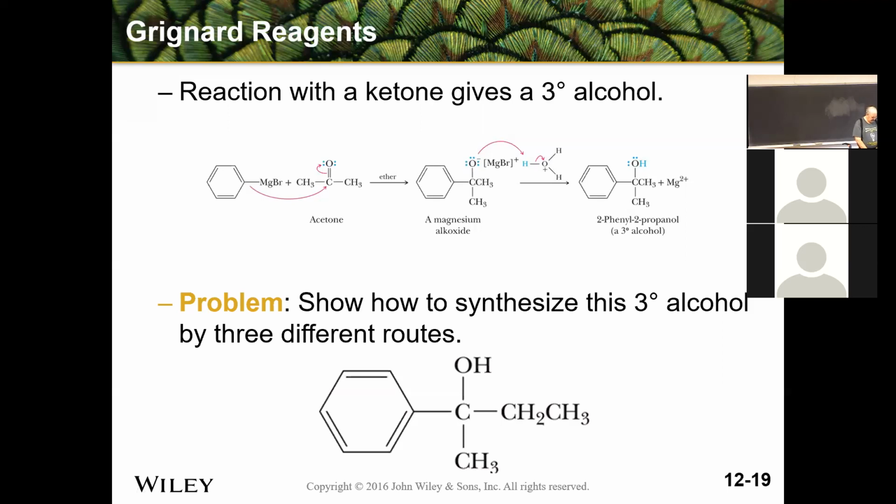In this problem, we're going to work backwards. And there are actually 3 different ways that we could make this using a Grignard synthesis.